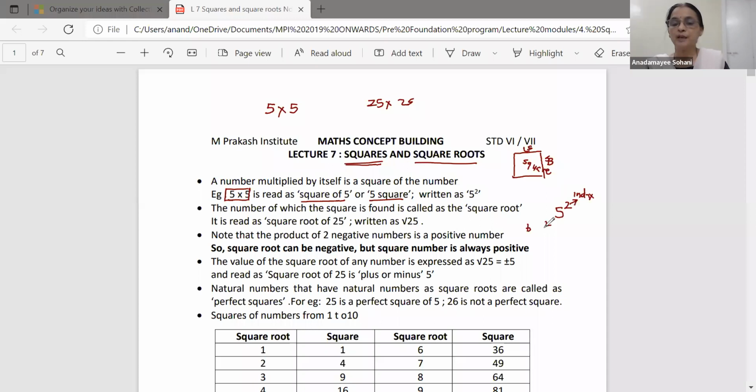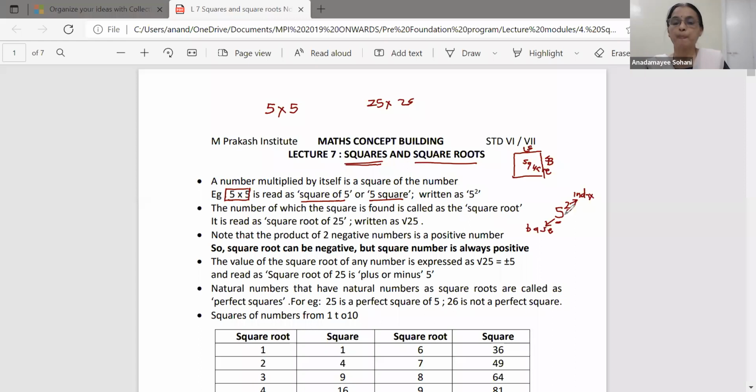So when we express a square, this form is called the exponential form, where we have a base and a number raised to it. I can read it as 5 square or 5 raised to 2 or square of 5.